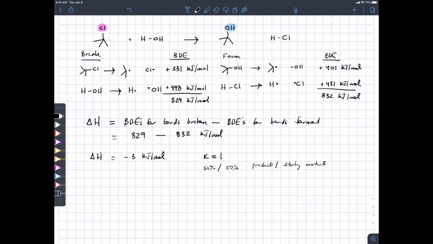Remember how I said that at room temperature, about 1.4 kilocalories per mole is equal to an equilibrium constant of 10. And there are 4.184 kilojoules per kilocalorie.